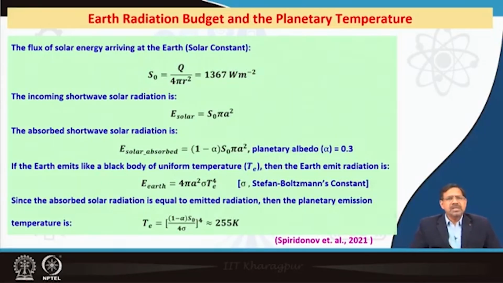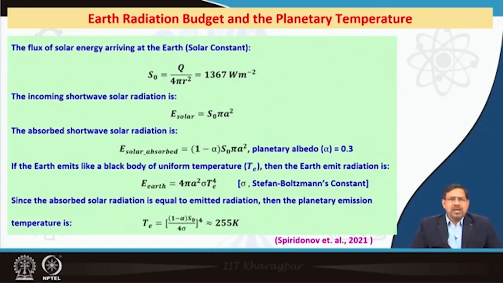If the Earth emits like a black body of uniform temperature TE, then the Earth's emitted radiation is calculated using another formula, which includes a term and a constant coming from Stefan-Boltzmann.